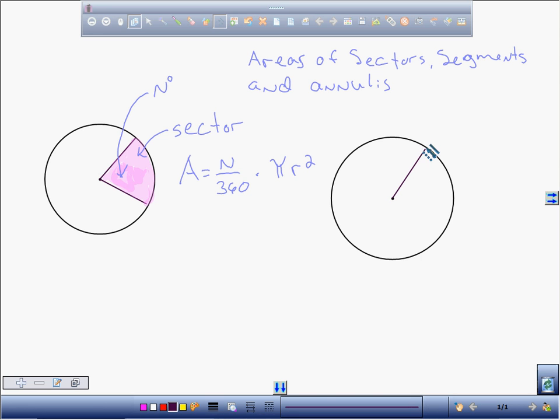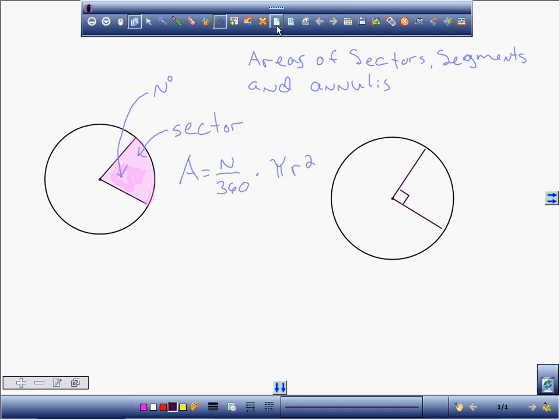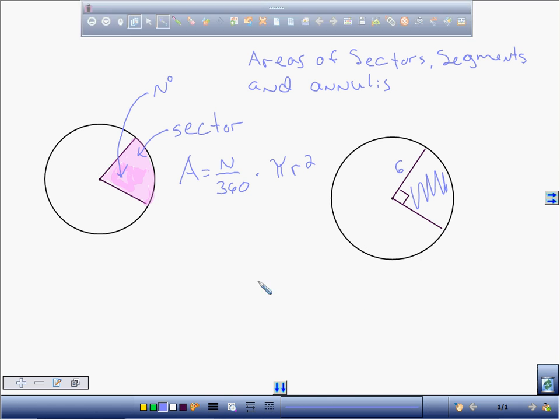We settle down, all you guys. And let's say that's all you have, except that you do know that this is 6. And they say find the area of the sector.